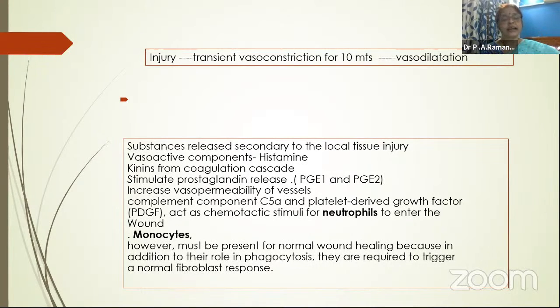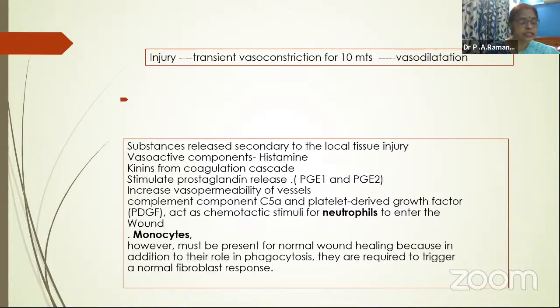Once these are released, they act to attract the inflammatory cells, that is the neutrophils and the macrophages, which are attracted by the platelet-derived growth factor secreted by the platelets plugging the wound area.